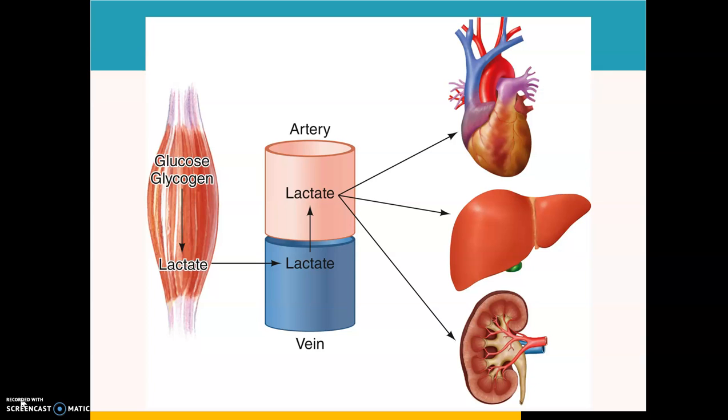So during exercise, lactate that is produced by exercising muscle can be transported to the liver, and then it will be used to create glucose, which is then released from the liver into the blood, and this will help to maintain blood glucose concentration and provide carbohydrates to other cells in the body.